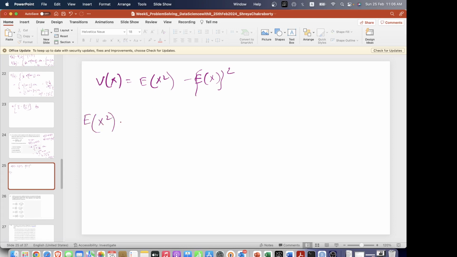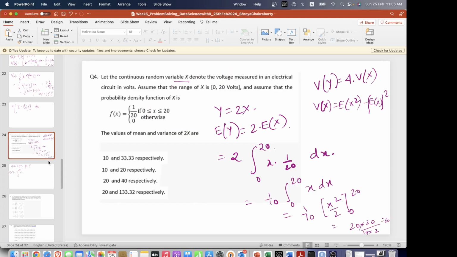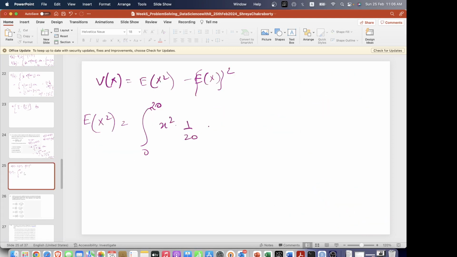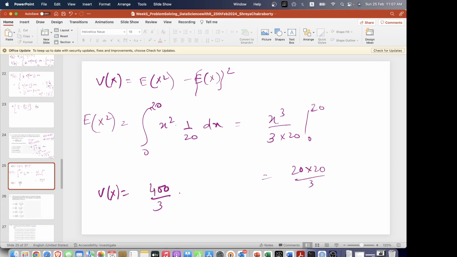Expectation of x square would be integral from 0 to 20 of x square, f(x) would be 1 by 20, dx. So this would be x cubed by 3 into 20, from 0 to 20. So this would be 20 into 20 by 3. Alright. So then variance of x would be 400 by 3 minus 400.